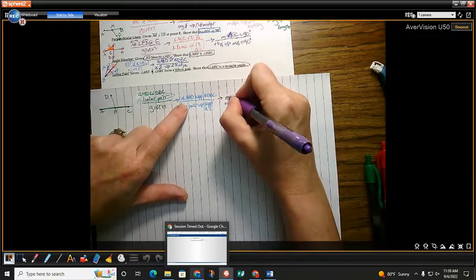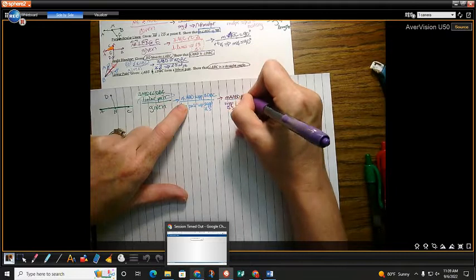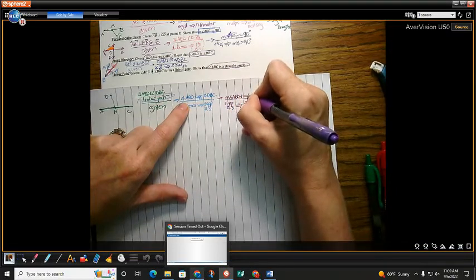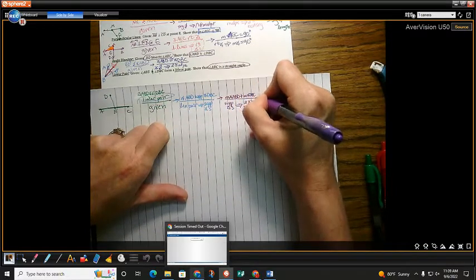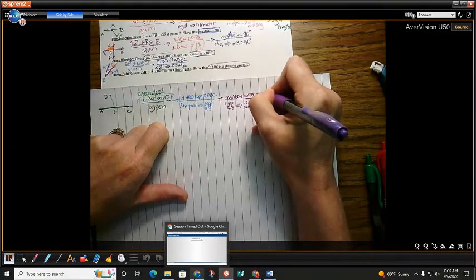So the measure of angle ABD, I'm going to add it to the measure of angle DBC, and that's going to equal 180 degrees. Oh no, you have to write more letters and things. It's still not as much as you would write if you're in an English class. You don't write nearly as much in here.